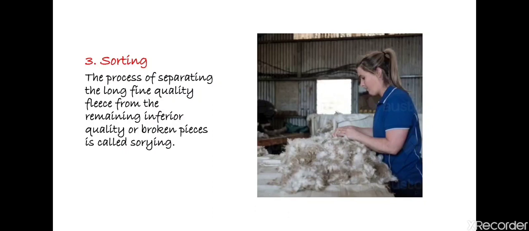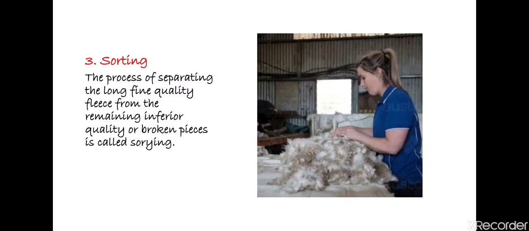The process of separating the long fine quality fleece from the remaining inferior quality or broken pieces is called sorting. You can correct the spelling of sorting, by mistake I have written it wrongly. In sorting, wool is separated on the basis of fibers obtained from the different parts of the animal's body.